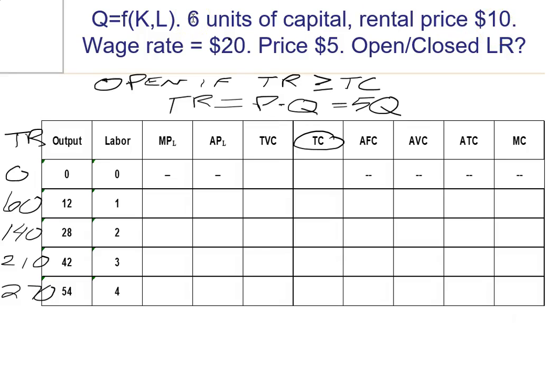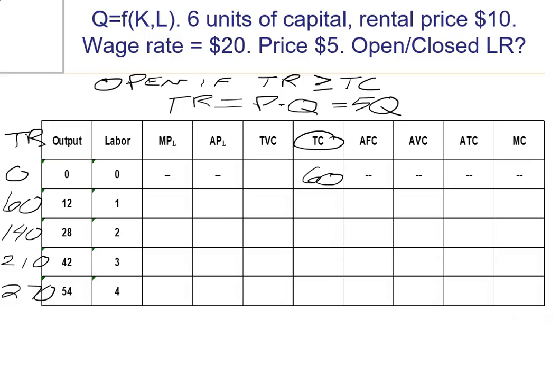So when we have no output and no workers, you have a fixed cost of 60 that we have to include. So our total cost is 60 when you have no workers hired.